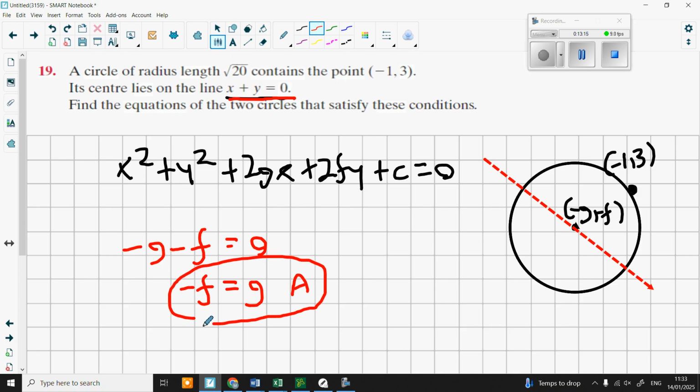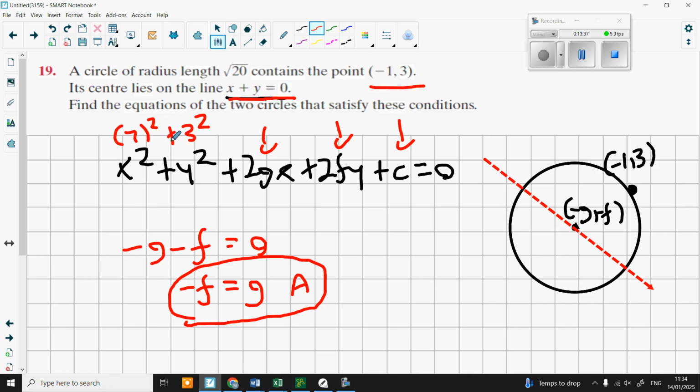That's our first equation. How many variables do we have again? G, f, and c. I'm going to need 3 equations here. Equation 1 is done. What's the next thing I'm going to do? See the point minus 1, 3? I'm going to sub it in.